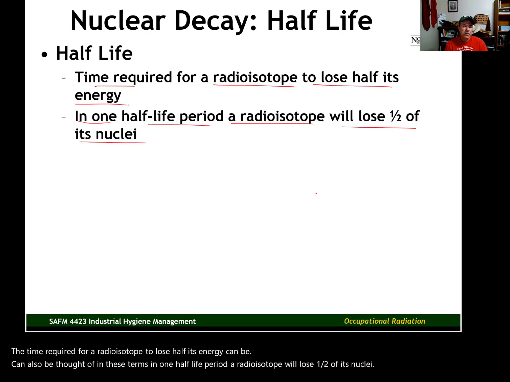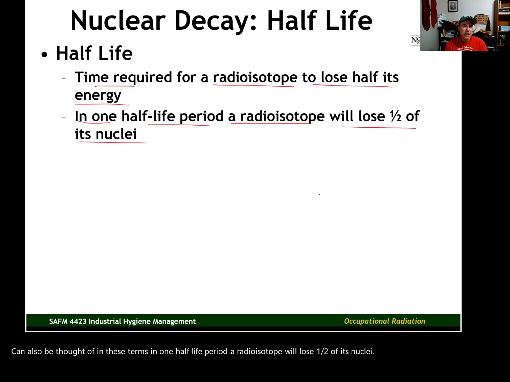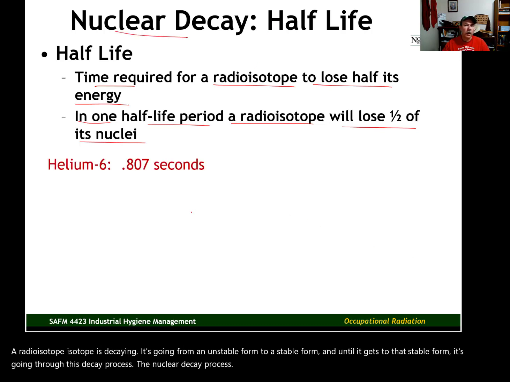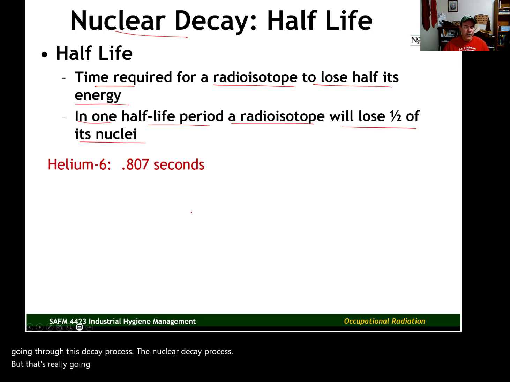A radioisotope is decaying. It's going from an unstable form to a stable form. And until it gets to that stable form, it's going through the nuclear decay process. But that's really going beyond the scope of this video if I get into that too far.